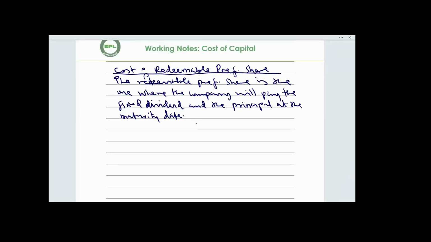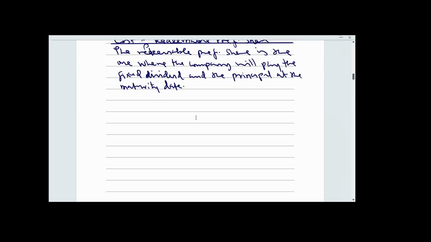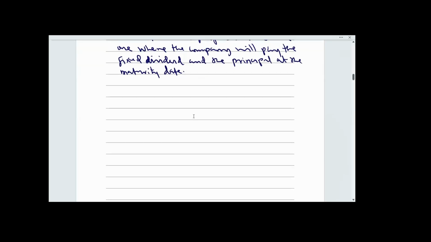Now, what do you mean by cost of redeemable preference share? Now, how do you compute the cost of redeemable preference share? The cost of redeemable preference share will be computed as internal rate of return. Let me put it down.